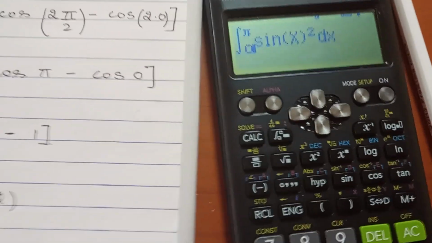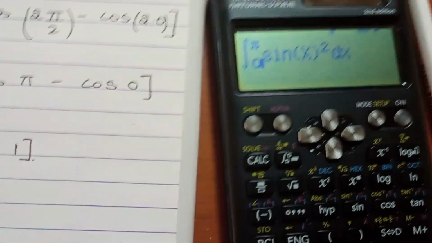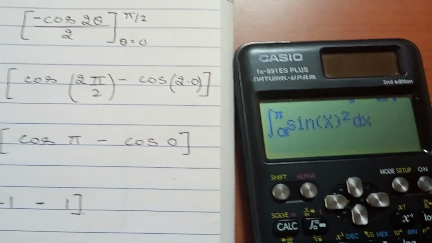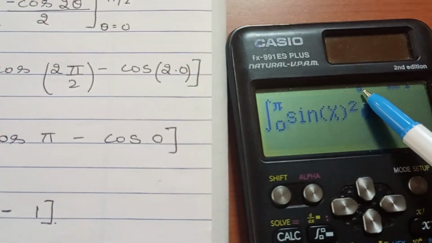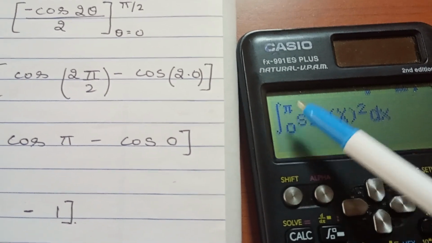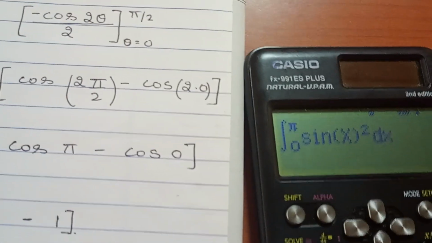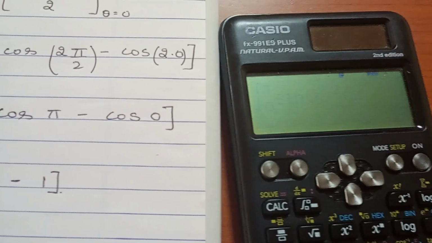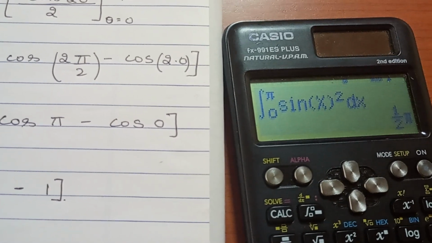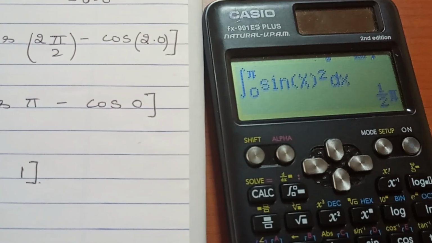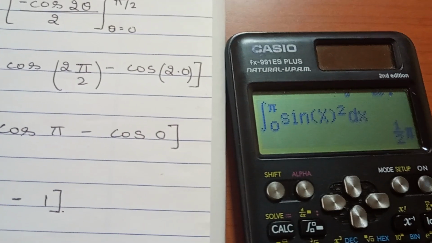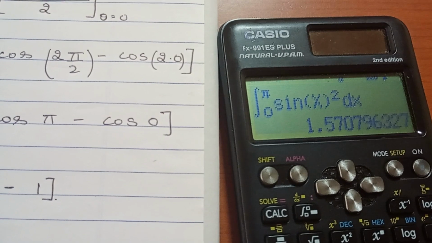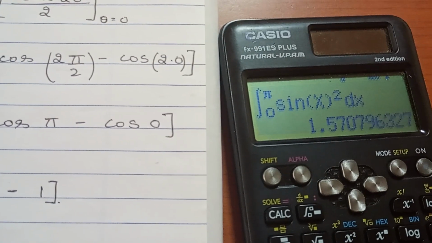Don't type it as 180. You will not get the answer. Suppose you keep this in degree mode instead of r, if it is d, and if you type pi as 180, you will not get the answer that you're supposed to get. You'll still get the wrong answer. If you keep it in degree and type pi radian is equal to 180 degrees, you'll still get the wrong answer. If you want a full value, 1.57 is the answer, which is the correct answer.